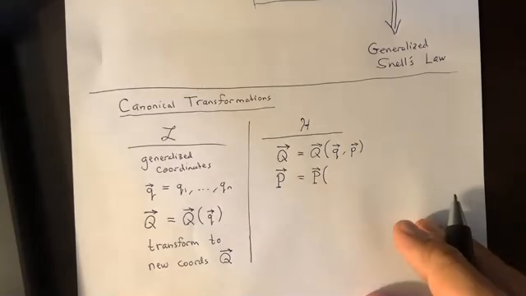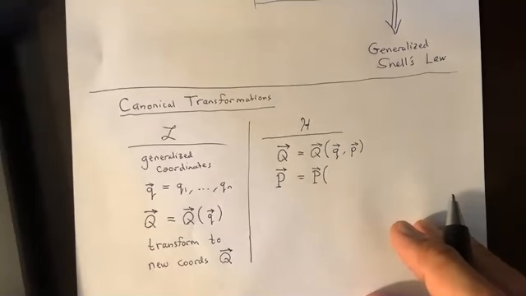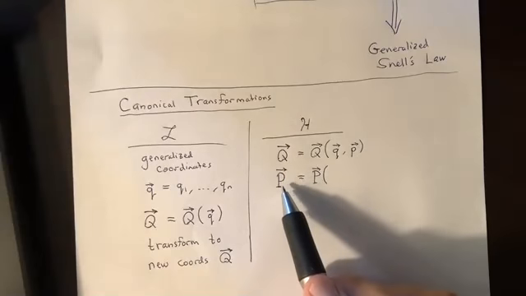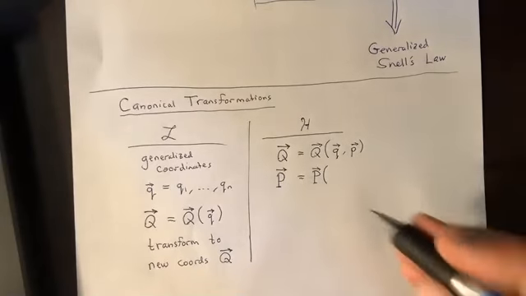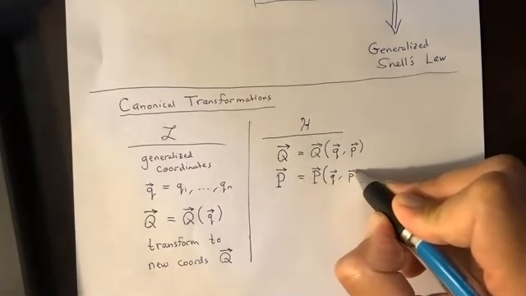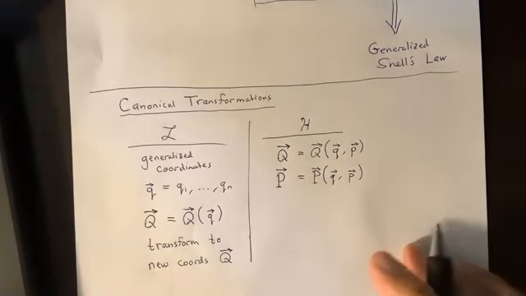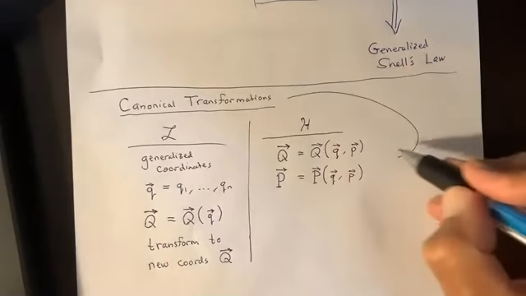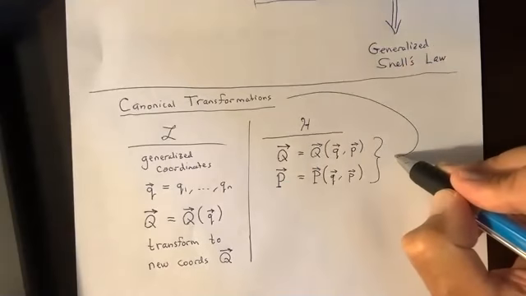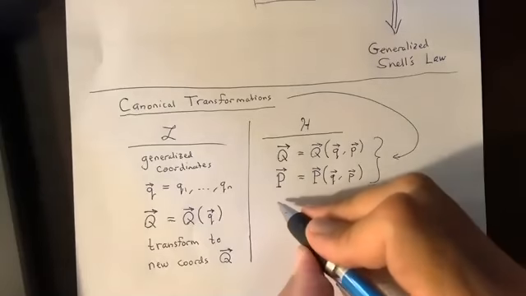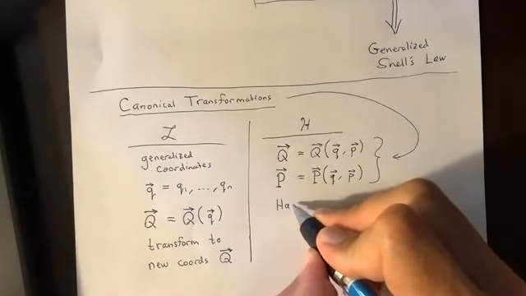This is the meaning of this notation. When we say capital P is equal to P of, you read that by saying capital P is a function of the lowercase q's like so, and the lowercase p's like so. Okay, so this is called a canonical transformation, if Hamilton's equations are invariant. So let's write that like this.